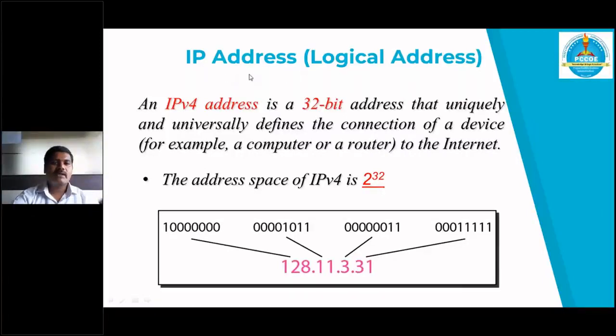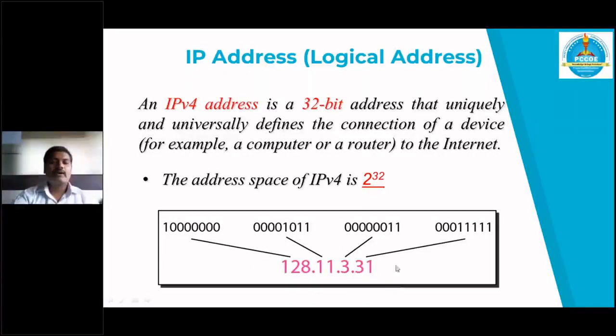Now IP addresses can be divided into two types, IP version 4 and IP version 6. We're talking about IP version 4 here, which we currently use in any kind of networking field. An IP version 4 address is 32 bits wide. If you observe the bottom side, I've written one example of an IP address, that is 128.11.3.31.